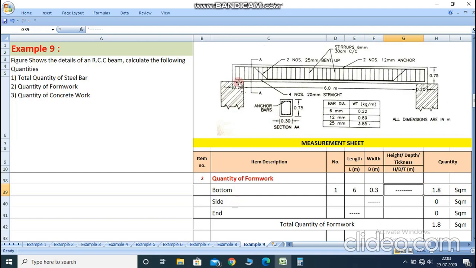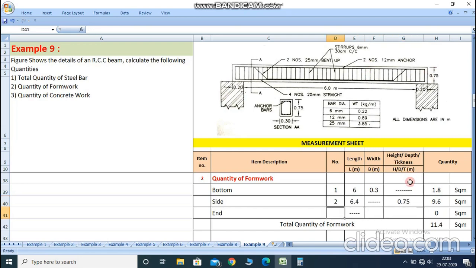At the side part, this side and the back side, both sides, so 2 formworks are required. The length is 6 plus 0.2 plus 0.2, so 6.4, and the height of the formwork for the side is 0.75.